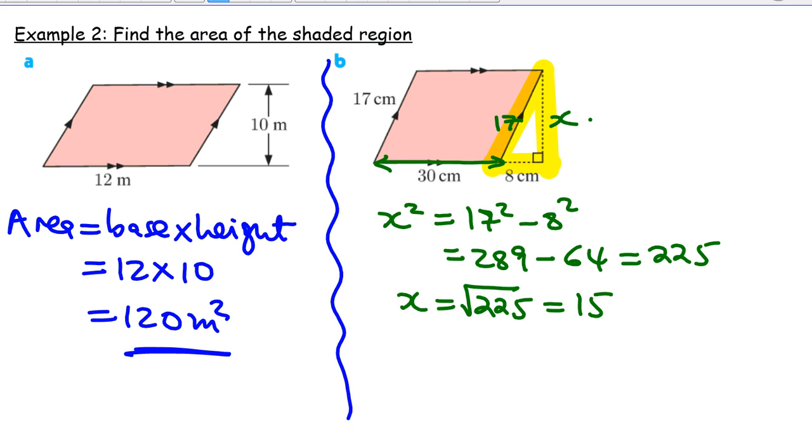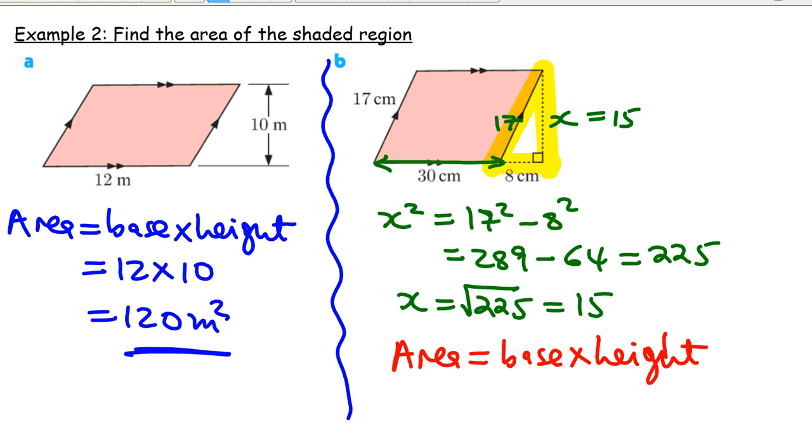So the missing length is 15. So the height is 15, the base is 30, which means that the area of this will be equal to base times height, which is 30 multiplied by 15, which gives you 450 centimeter squared.